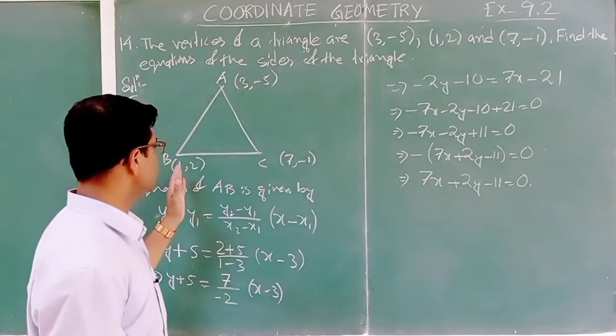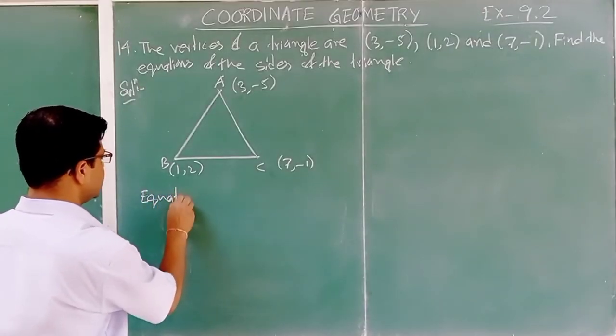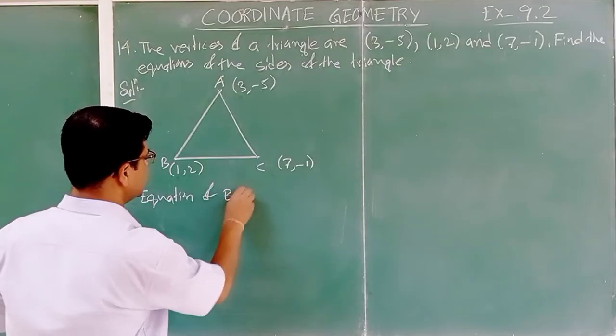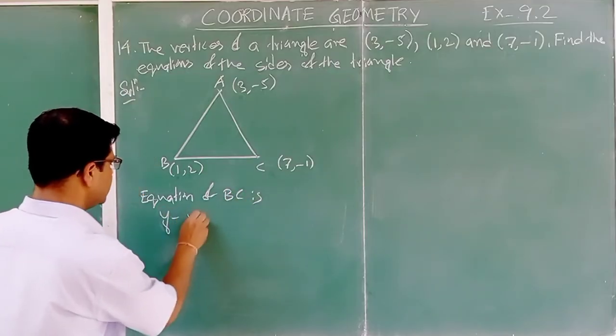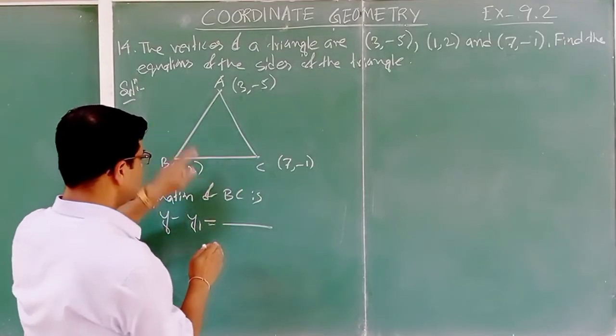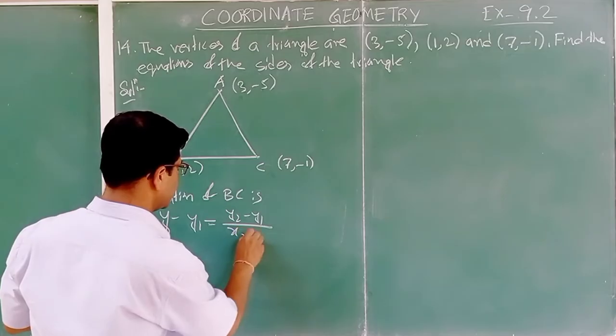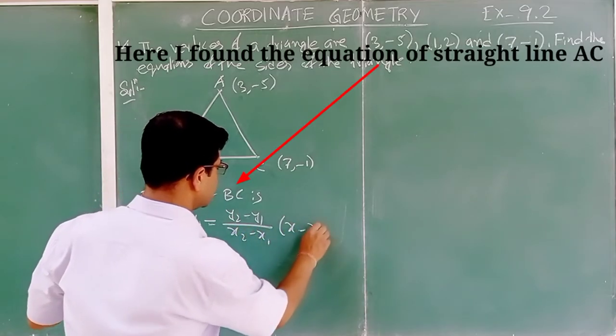Now let us find the equation of BC. It is the same formula. With the same formula we have to do it 3 times. Once we have done, now we are doing for this. y minus y1 equals y2 minus y1 over x2 minus x1, times x minus x1.